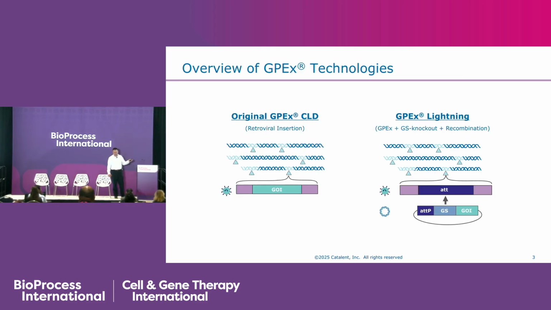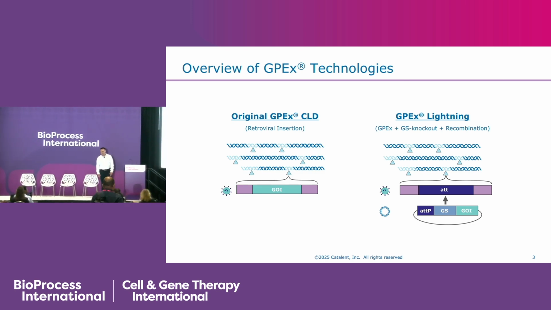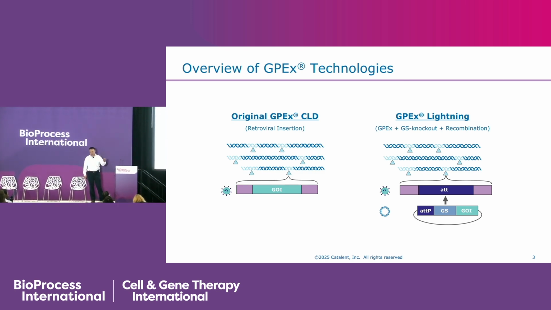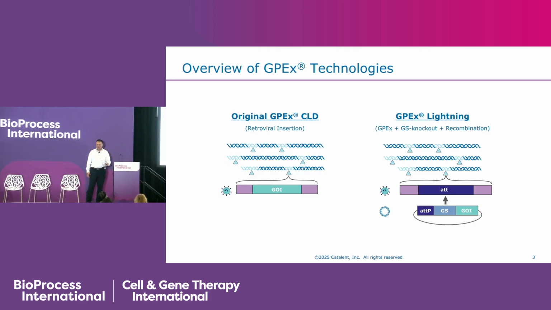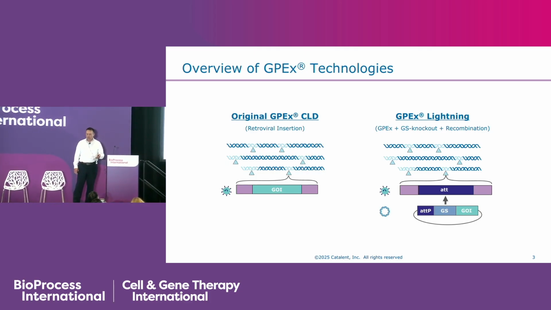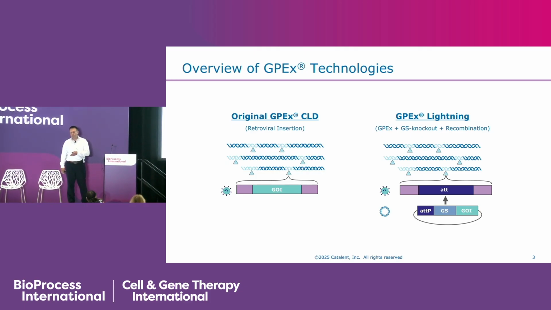As I mentioned, our original GPEx technology uses retrovector to insert in active regions of the genome. We can get very high copy numbers from this, very high producing pools from this. So when we developed GPEx Lightning, we wanted to leverage our experience with that technology, and we used the retrovector to insert dock sites or landing pads into the genome.